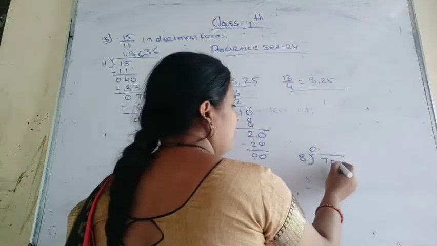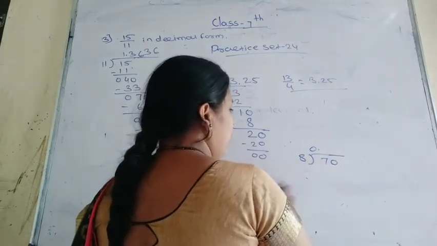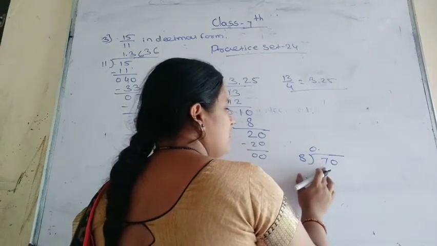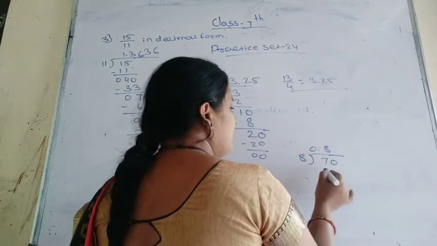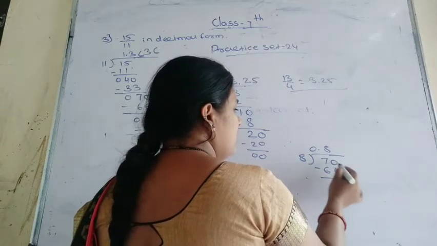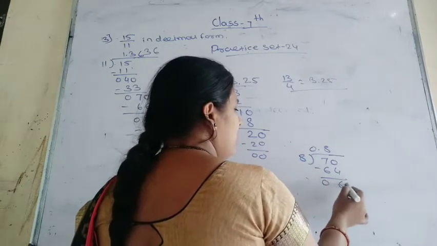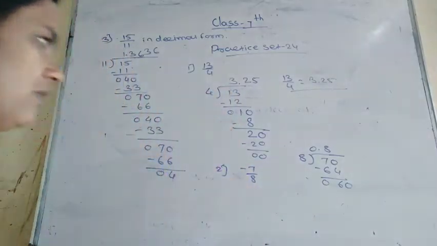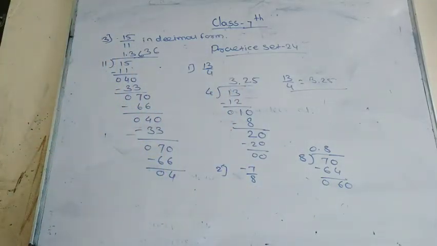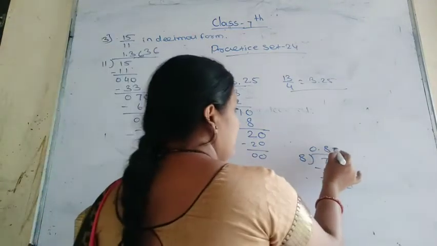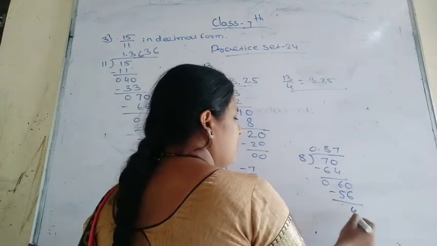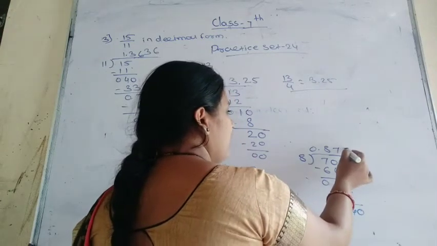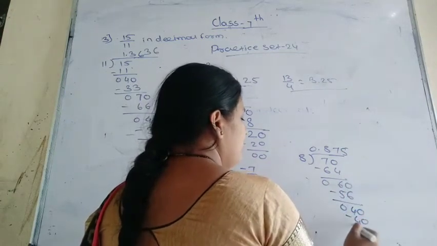Then you take 1, 0. 8 7s are 56. 8 8s are 64. Then here 10 minus 4, 6. Take 1, 0, 16. Then 8 7s are 56. Here again 10 minus 6, 4. Again take 1, 0. 8 5s are 40.